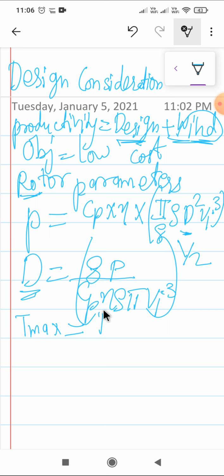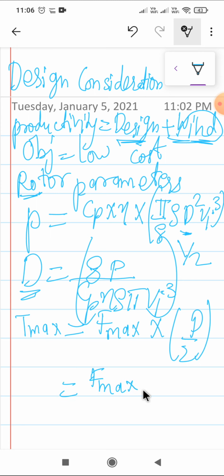So maximum thrust F maximum into radius, that is d by 2, which is equal to F maximum into R. So what is F maximum?